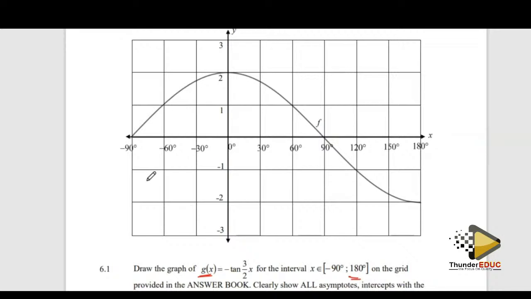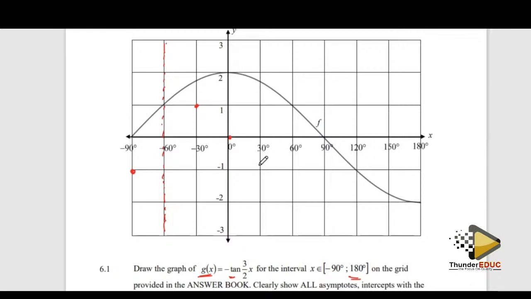Okay, so negative 90 is giving me a negative 1. Then negative 60 is an error, which means that's an asymptote. Whenever we have errors with tan, it's an asymptote. Then negative 30 is a positive 1. 0 is a 0.